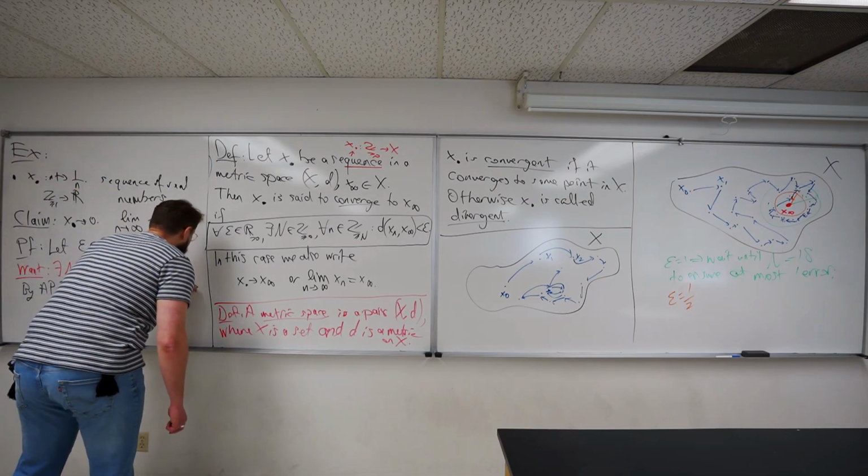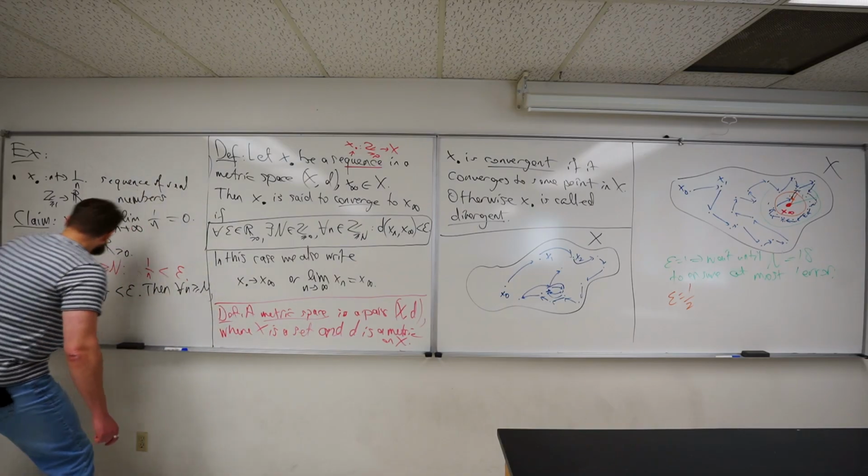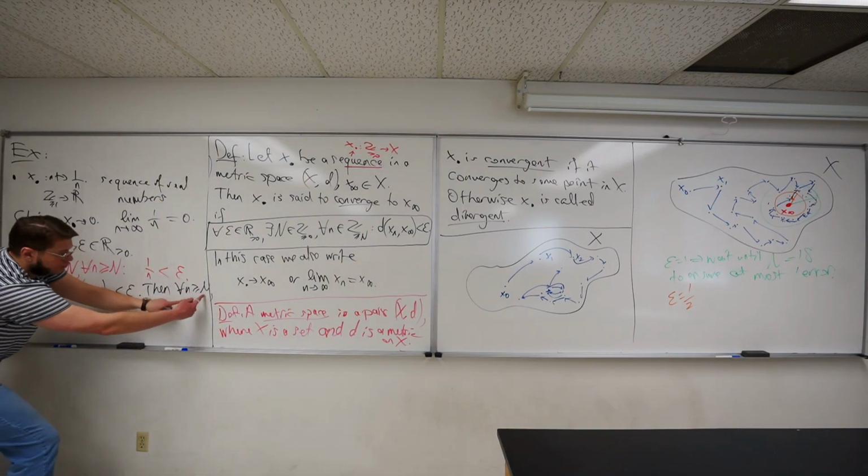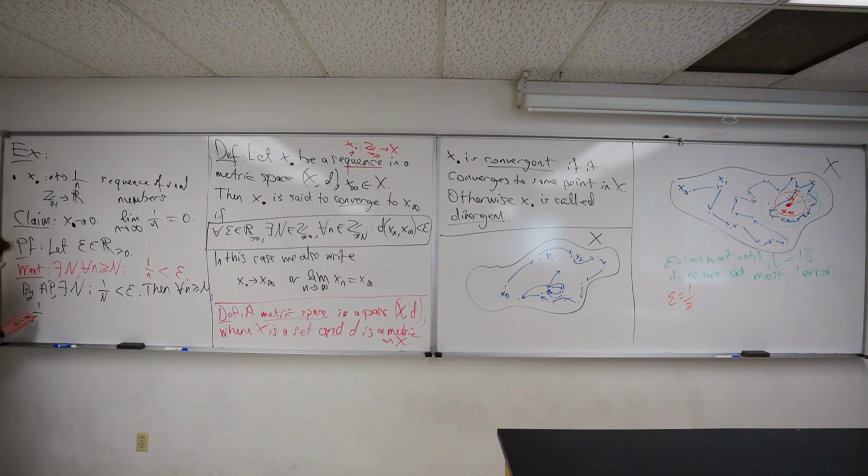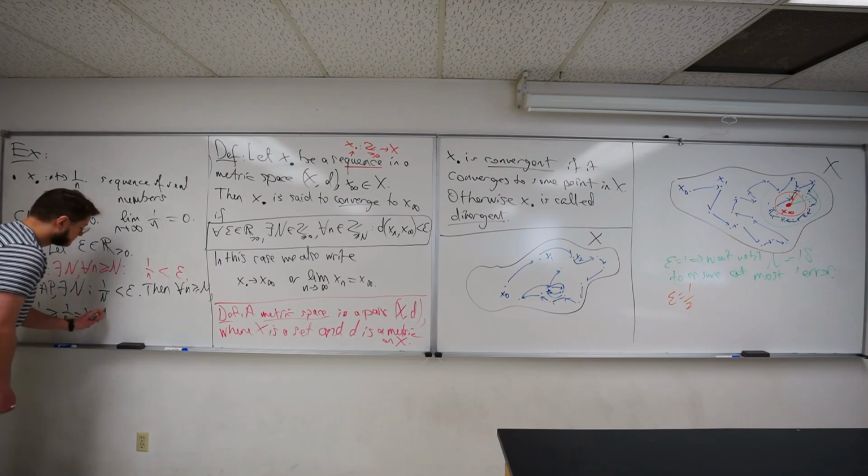Then for any lowercase n after uppercase N, you take the reciprocal, 1 over N upper bounds 1 over lowercase n. But I had chosen this uppercase N so that 1 over N is less than epsilon, which means that after this uppercase N, 1 over n is always going to be bounded by epsilon. And this is x sub n. And this is what I wanted to prove.